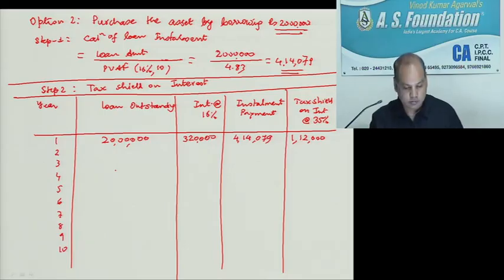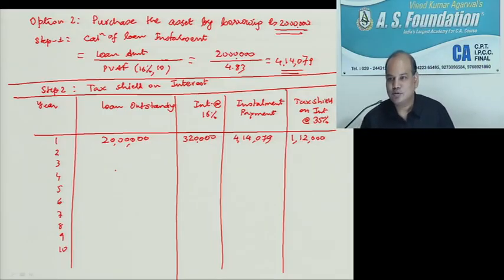Check the answer now. Can I assume you have done the last column? Is the assumption right? Who will take the responsibility? You. Good. Answer, second year: 1,06,731. Third year: 1,00,620. Fourth year: 93,531.